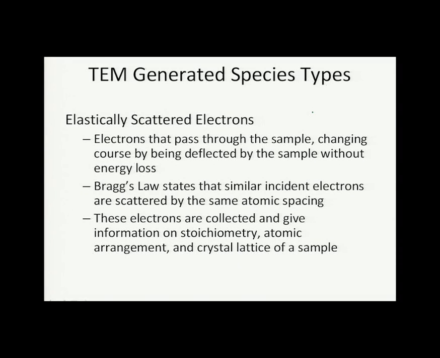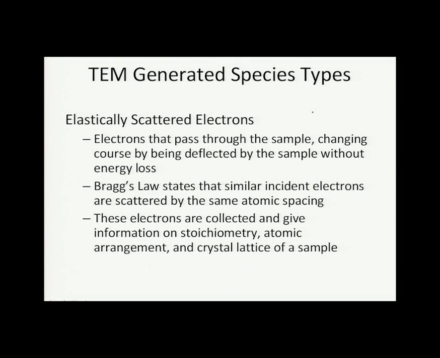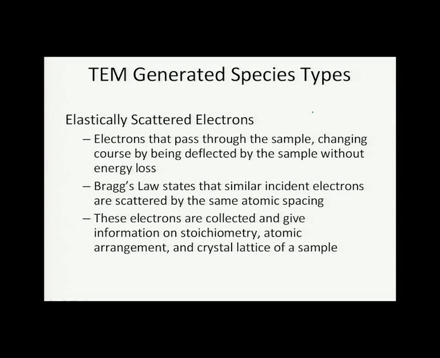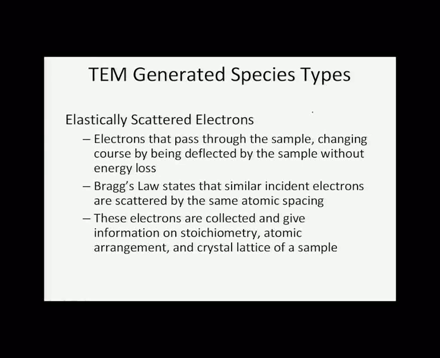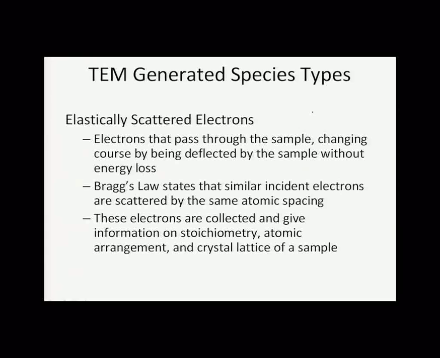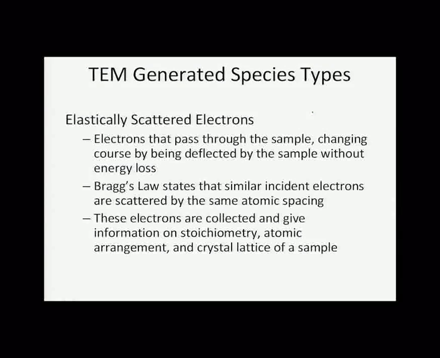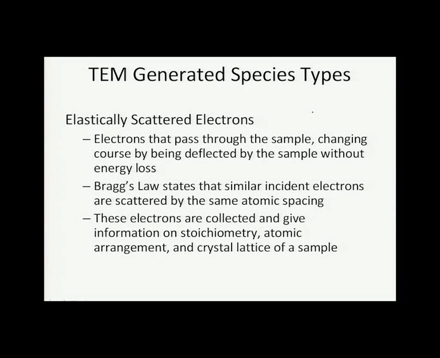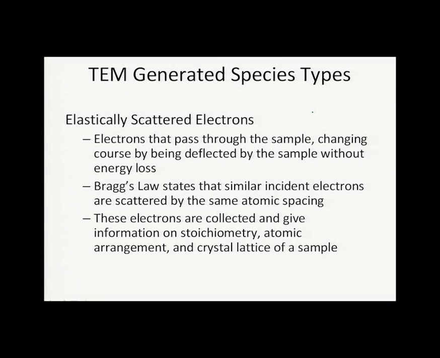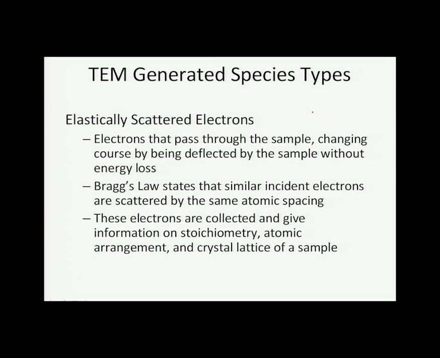So these electrons are collected and can give us stoichiometric information about our sample, as well as atomic arrangement information, and lead to things like crystal lattice structure, okay, giving us ideas about the crystal structure of our sample. So again, elastically scattered electrons pass through our sample, are deflected without energy loss, and due to scattering, can give us stoichiometric, atomic arrangement, and crystal lattice information about our sample.